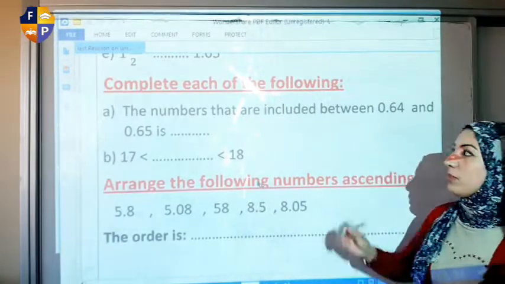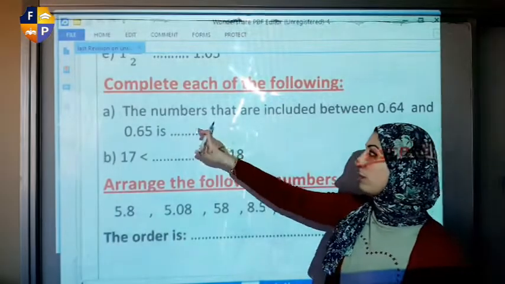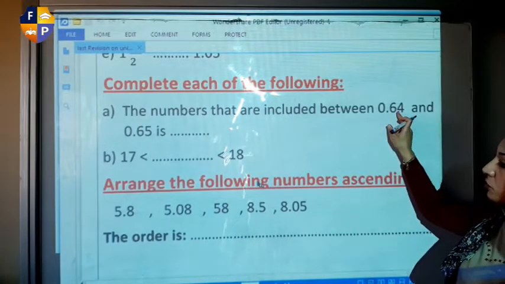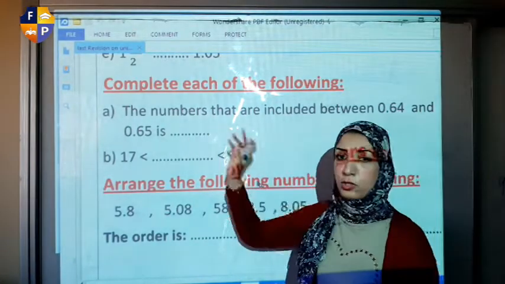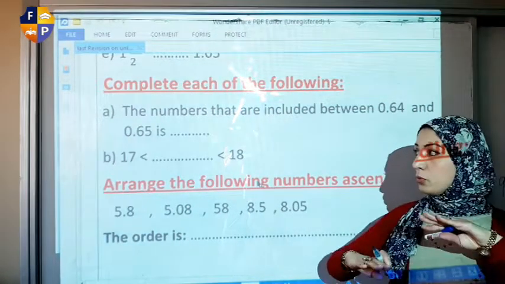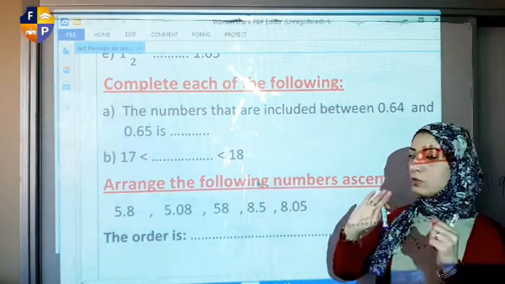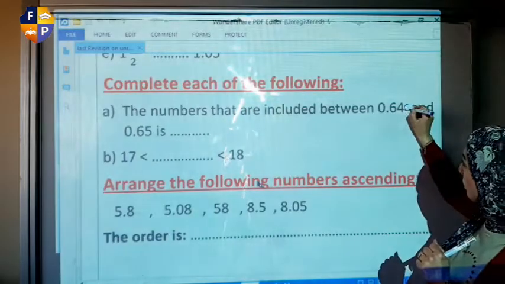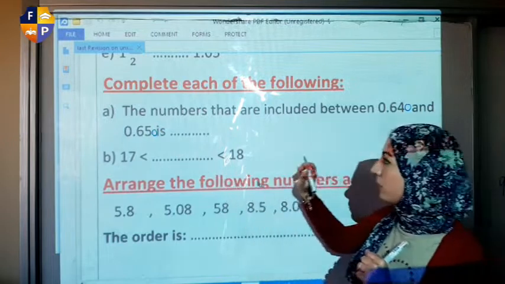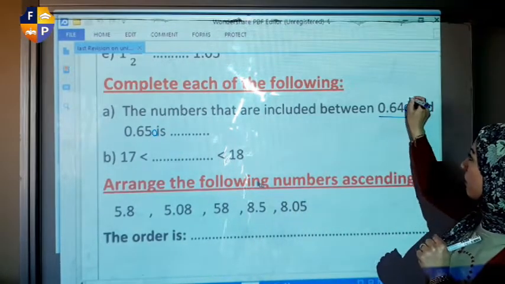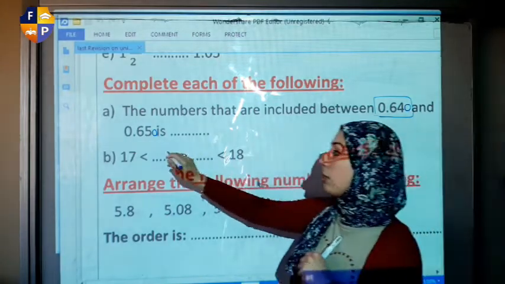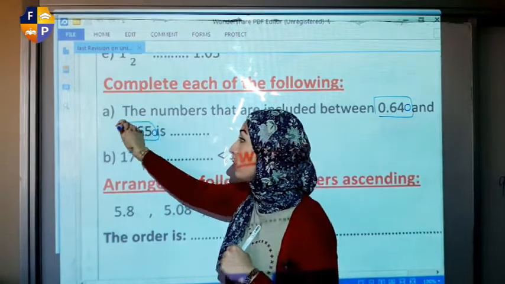Next part, complete each of the following: the numbers that are included between 0.64 and 0.65. To know the numbers which are included between 2 decimals, first we have to add zeros to 0.64 and add 0 to 0.65. So here the first number will be 0.640 and the second number will be 0.650.